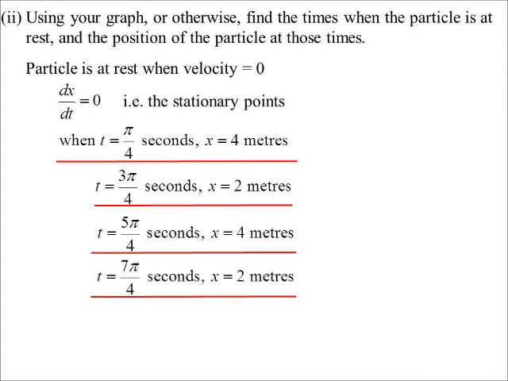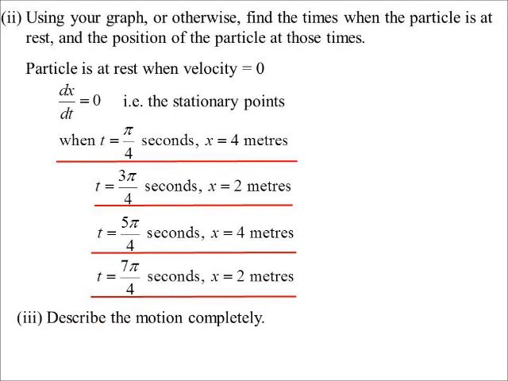So it happened at t equals pi on 4, and it did say when the particle times and the position. So it was x equals 4, at 3 pi on 4 it was at x equals 2, 5 pi on 4 it was back at x equals 4, 7 pi on 4 is back at x equals 2, and so on, and so on. It would keep going.